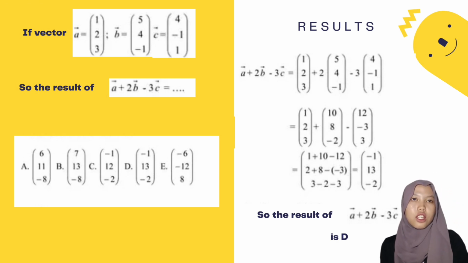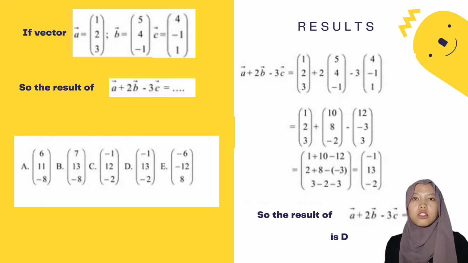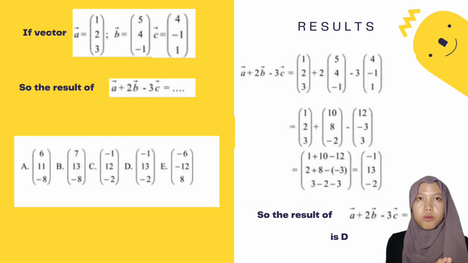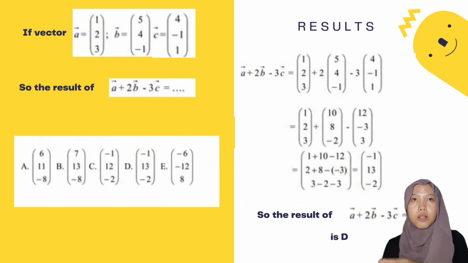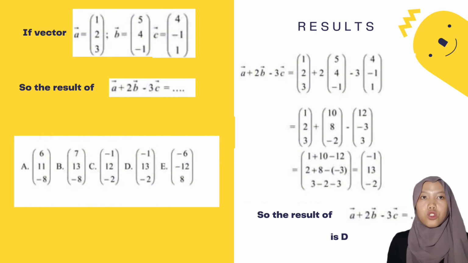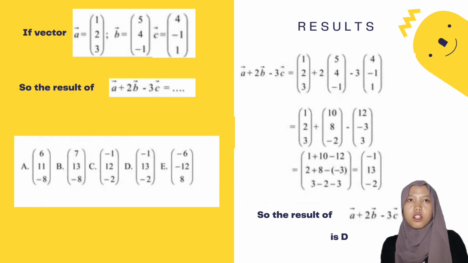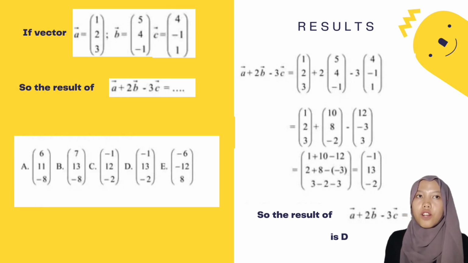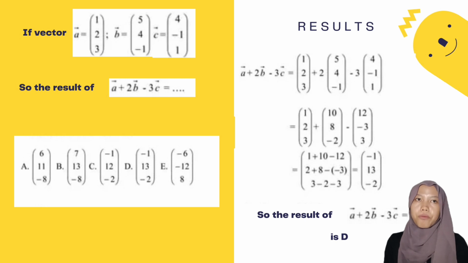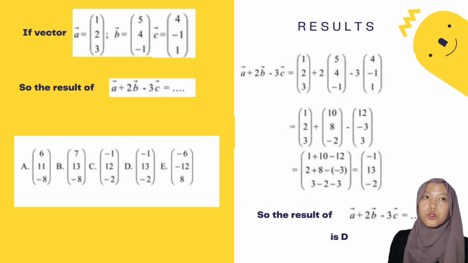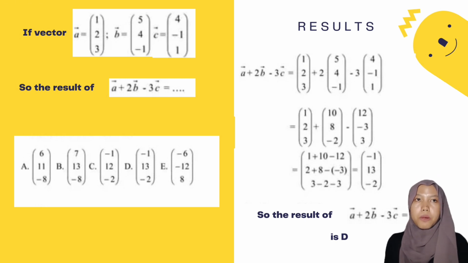So the result is a, the same as in the example, (1, 2, 3) plus 2 multiplied by vector b, or (5, 4, -1), and minus 3 multiplied by vector c.